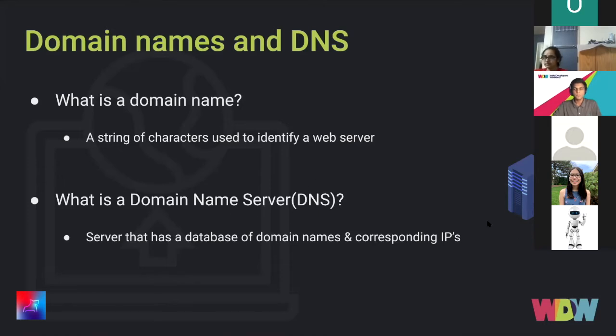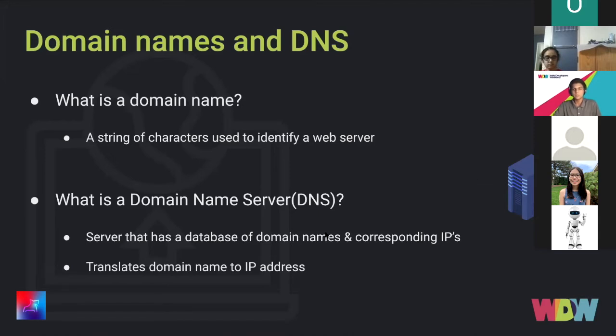So a domain name server is a server that has a database of domain names and corresponding IPs. Once you send it a domain name like ScottyLabs.org, it translates the domain name to an IP address that we can actually use to access a web server.